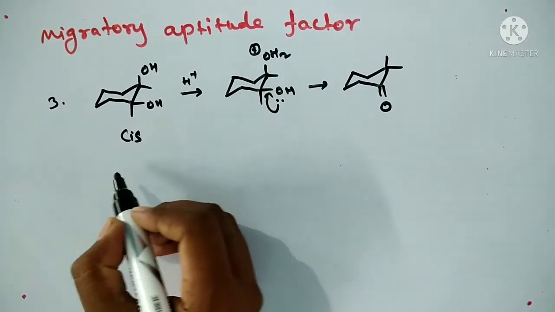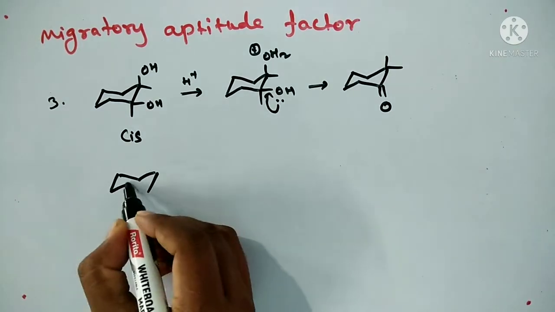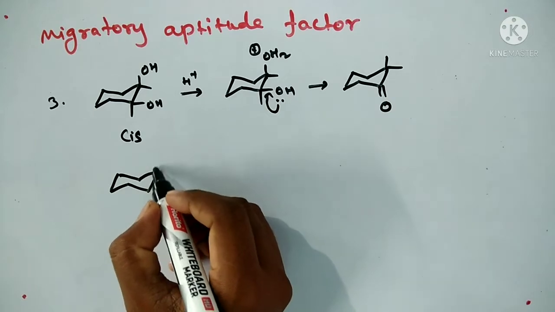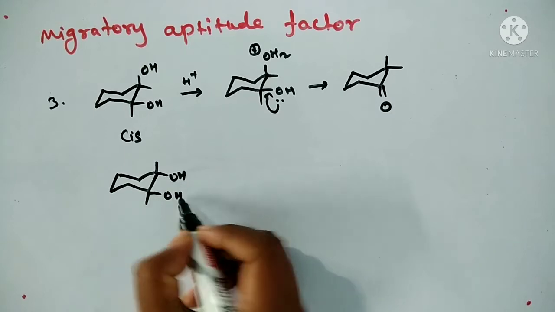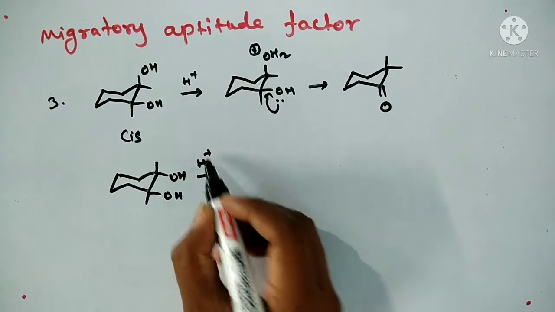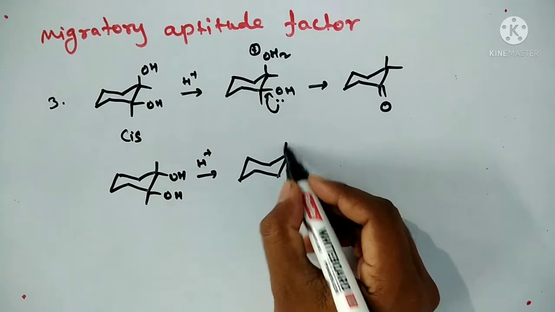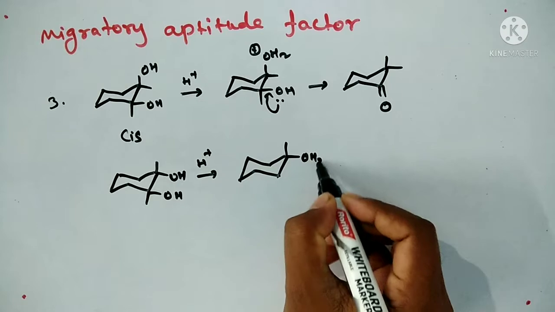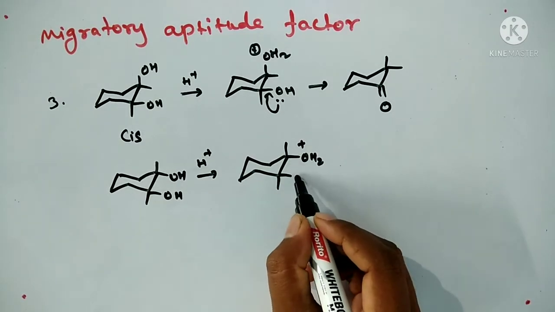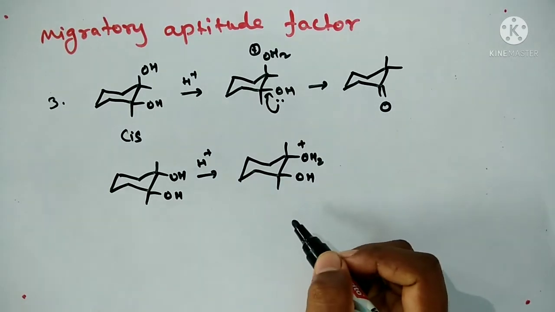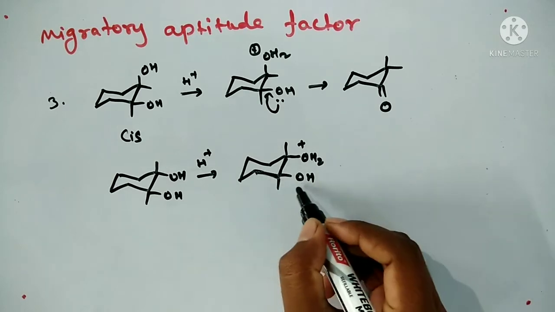If you take the trans diol, this is OH, this is OH. In the presence of acid, it gets protonated, giving OH2 plus and methyl OH. This OH and this bond are in the anti position.